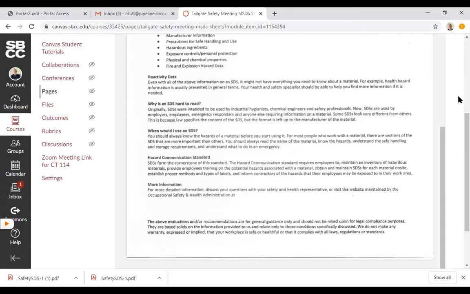Establish proper methods and types of labels and inform contractors of the hazards that their employees may be exposed to in their work area. For more detailed information, discuss your questions with safety and health representatives or visit the website maintained by the Occupational Safety and Health Administration.